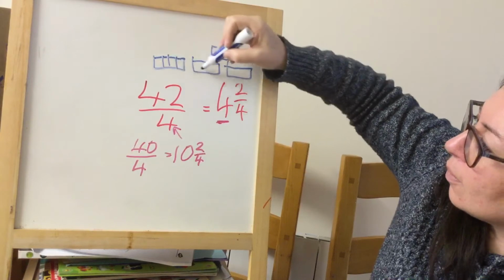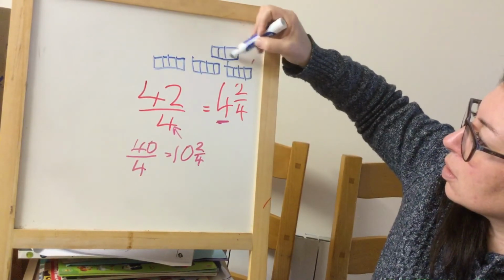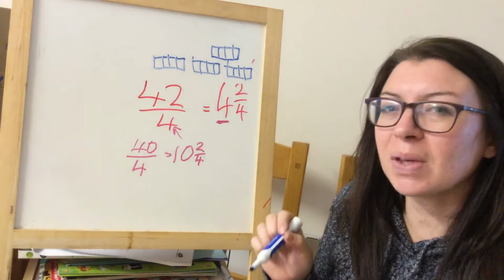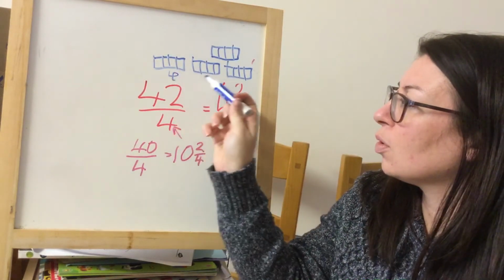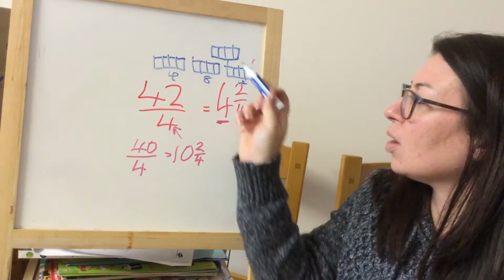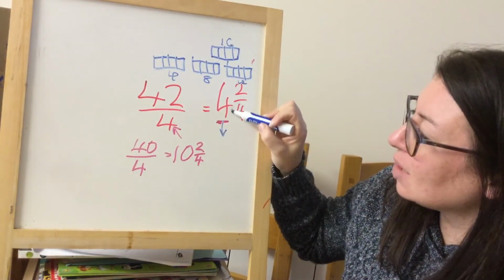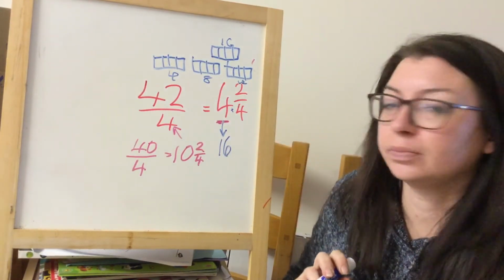In 4 pieces. So there's your 4 wholes in 4 pieces. How many pieces would you have altogether? So you'd have 4, 8, 12, 16. So this is actually the same as 4 times 4. That is 16 whole. Okay?